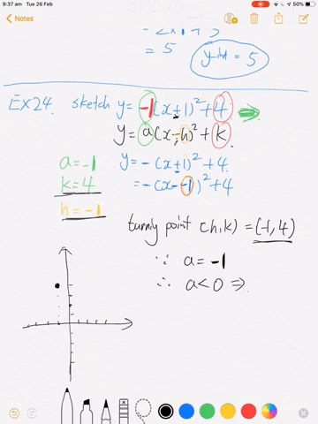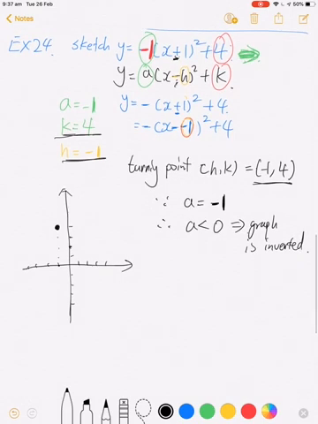That means the graph is inverted. It is reflected. Instead of facing up, this one is going to open down. So we know in general the shape is going to look something like that, but it is not accurate. To make your graph accurate, we need to find the x and y intercepts.